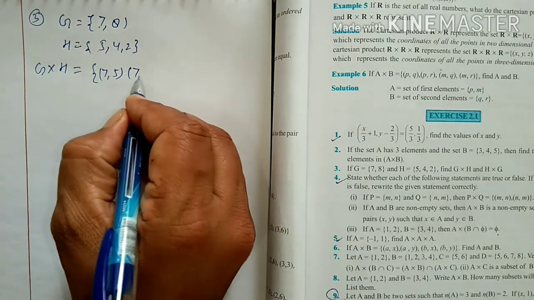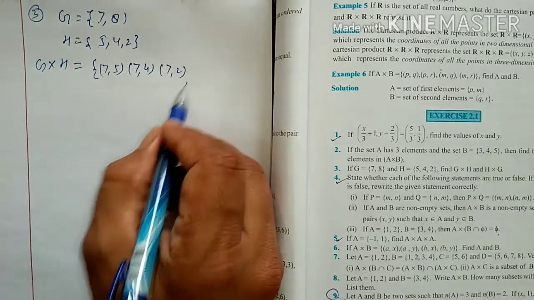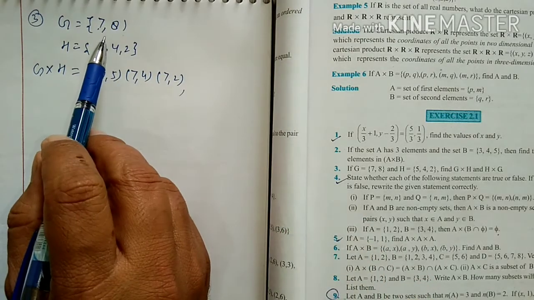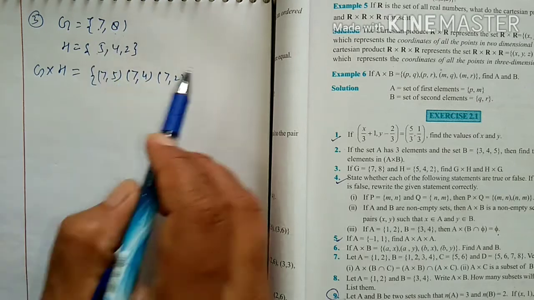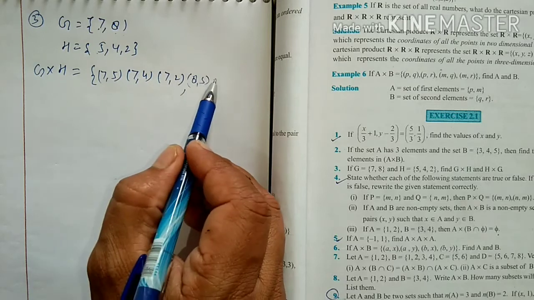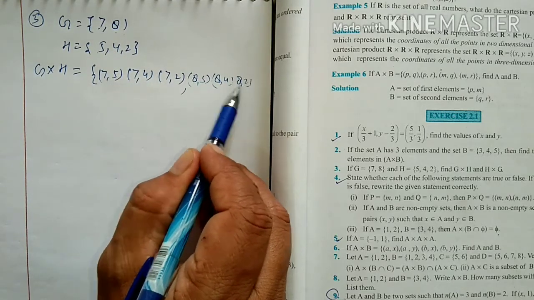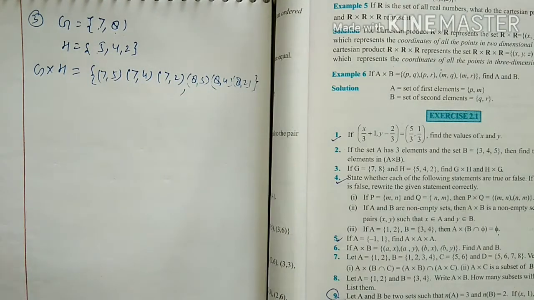G cross H: first (7, 5), (7, 4), (7, 2), then (8, 5), (8, 4), (8, 2). Clear?